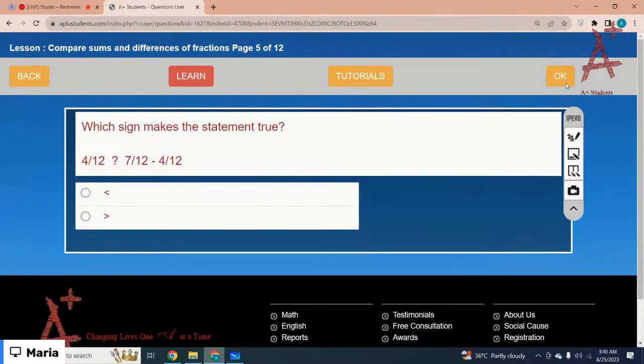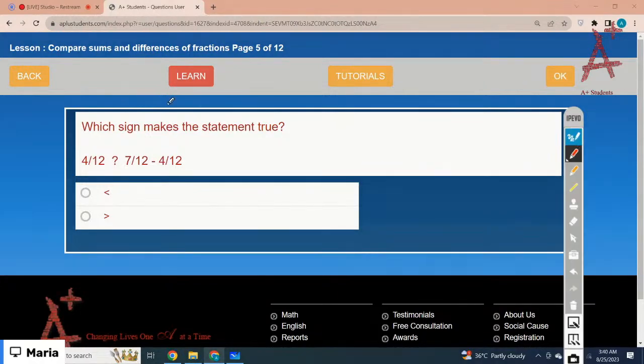Which sign makes the statement true? So you already have 4 over 12. Just solve the other side. They have the same denominator. So 7 minus 4 is 3 over 12. So which is the correct option?